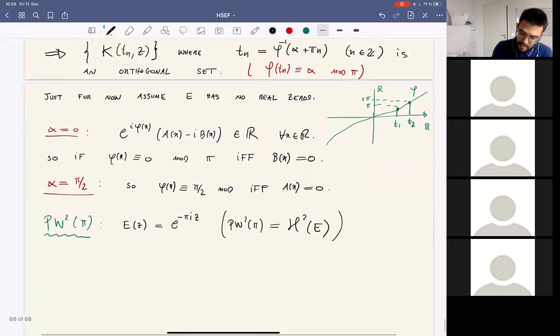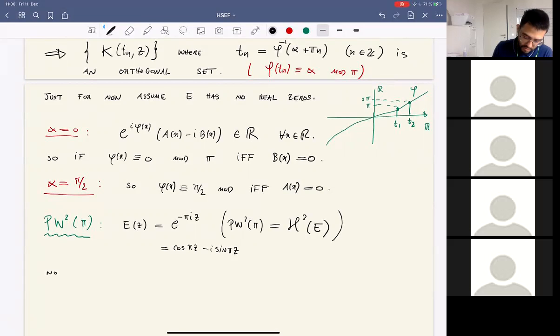So if you want the nodes of interpolation, so the set K, T and Z would be orthogonal, that would be the zeros of the function A or B. This would be cosine pi z minus i sine pi z.